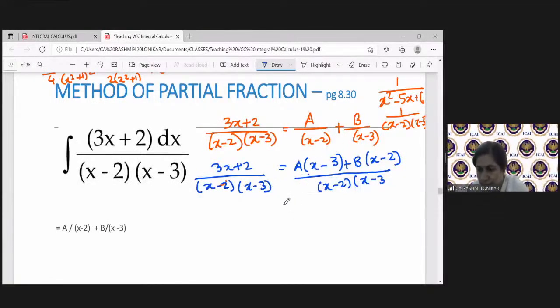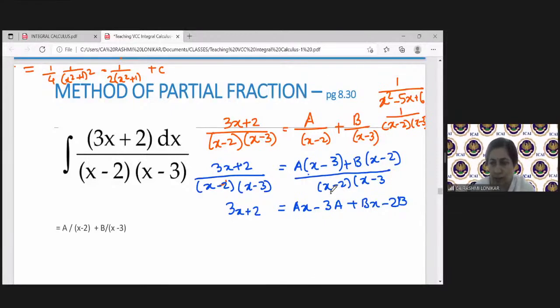Now this is equal to Ax - 3A + Bx - 2B. And what do I have in the numerator on the LHS? 3x + 2. Because the denominators are the same, I have eliminated them and I'm just equating the numerators. So I have 3x + 2 = Ax - 3A + Bx - 2B.